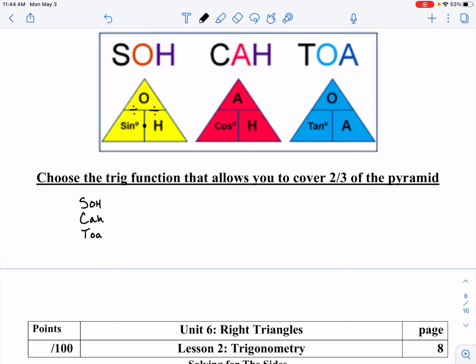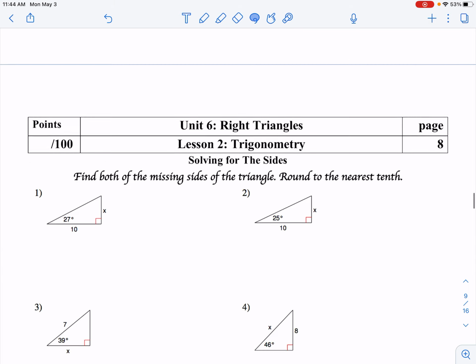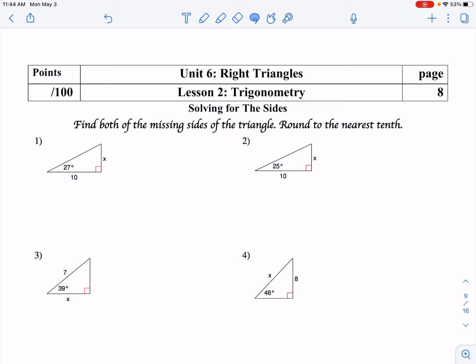And I'm going to have to know both the opposite and hypotenuse, or the adjacent and hypotenuse, or opposite and adjacent to use the particular equation. Again, I'm pretty sure we have a bunch of questions.